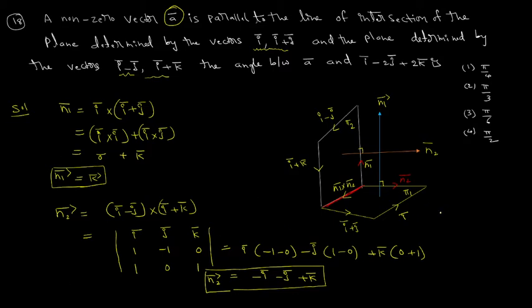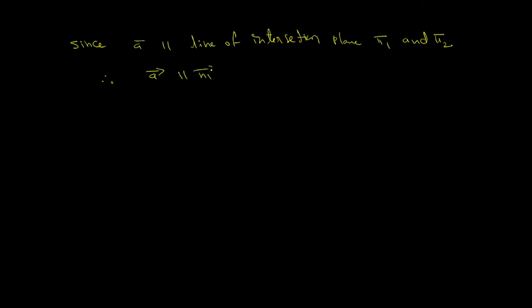Now a bar is parallel to this. For example, it is a bar. A bar is parallel to n1 bar cross n2 bar. So therefore, since a bar is parallel to the line of intersection of planes pi 1 and pi 2, that implies a bar is parallel to n1 bar cross n2 bar.